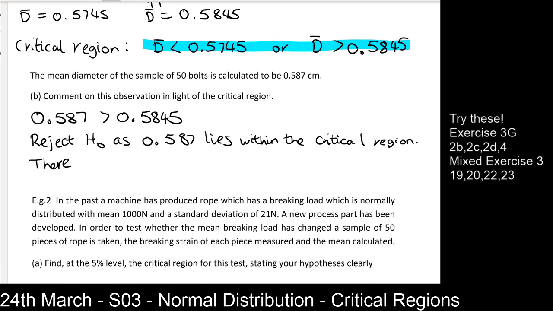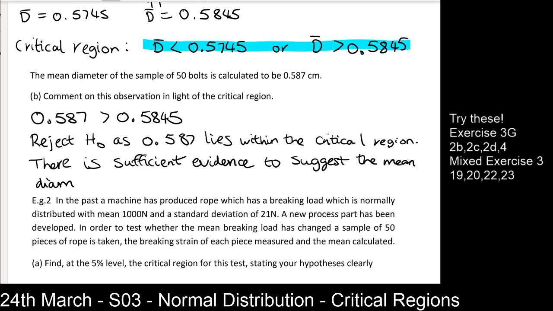So there is sufficient evidence to suggest the mean diameter of the bolts has been affected. The context is really key here.